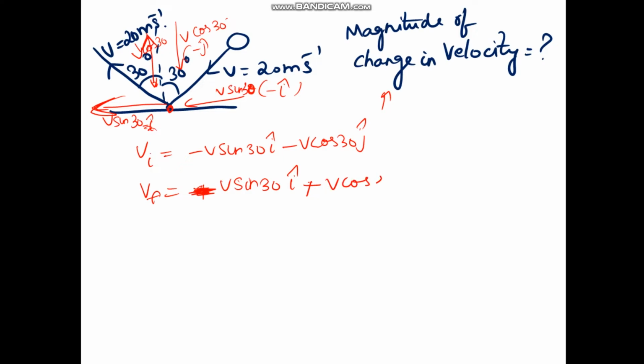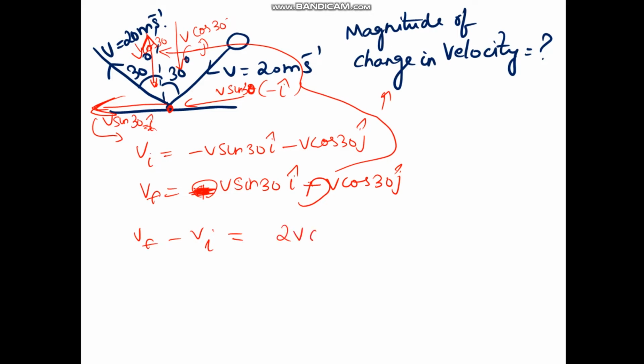This component is minus, and this component is plus because it points in the upward direction. So if you subtract vf minus vi, you get 2v cos 30. 2v cos 30 is nothing but 2 into v, where v is 20, into cos 30 which is root 3 by 2. So the answer comes out to be 20 root 3 m per second. This is the change in velocity.